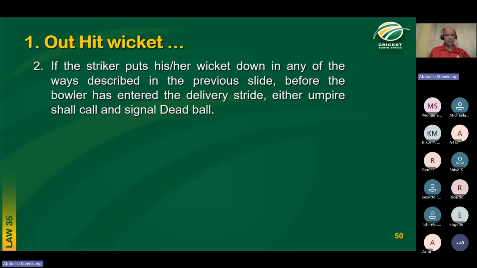I mentioned earlier that the window period for hit wicket opens as soon as the bowler enters the delivery stride. If it happens before the bowler enters the delivery stride and the striker puts the wicket down, you need to call and signal dead ball.